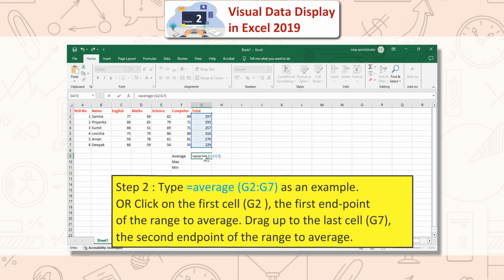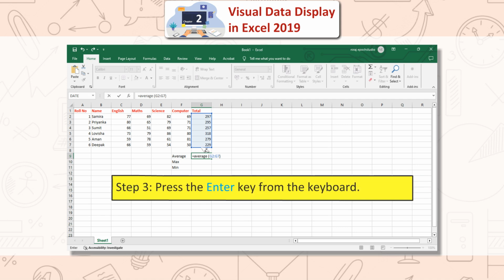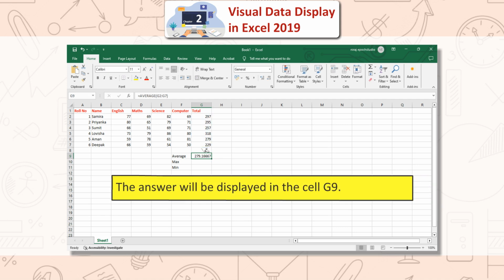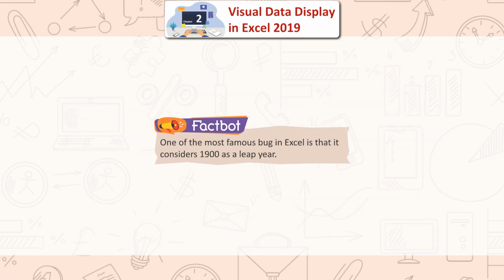Type =AVERAGE(G2:G7), as an example. Or, click on the first cell, G2, the first endpoint of the range to average. Drag down to the last cell, G7, the second endpoint of the range to average. Step 3. Press the Enter key on the keyboard. The answer will be displayed in cell G9.